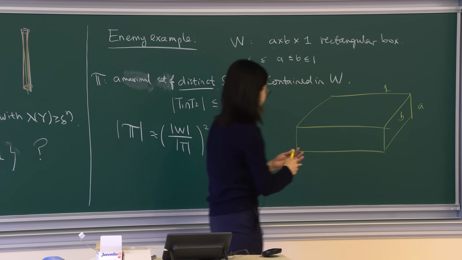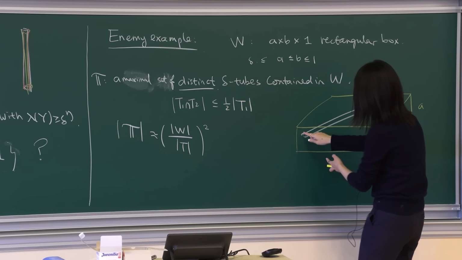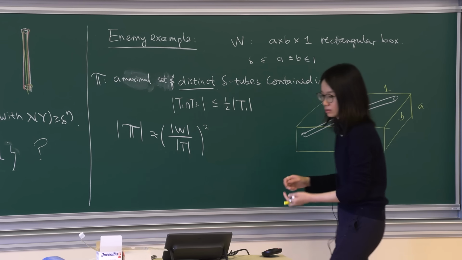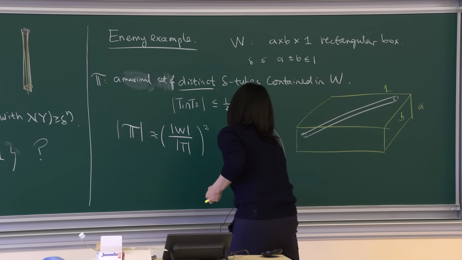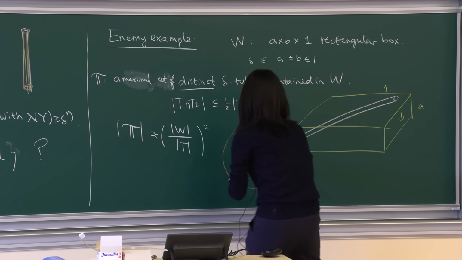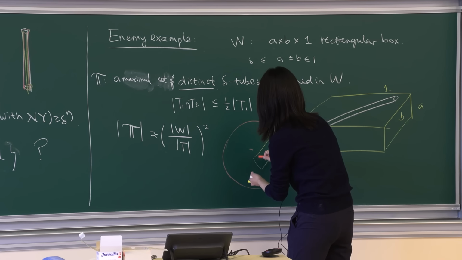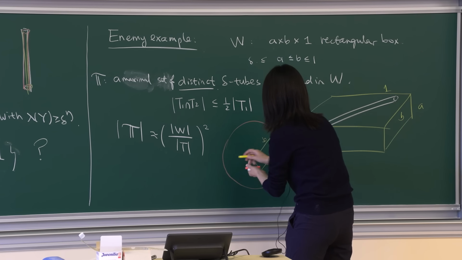The reason is that the set of directions of tubes contained in this rectangular box is roughly the directions corresponding to this A times B rectangle.